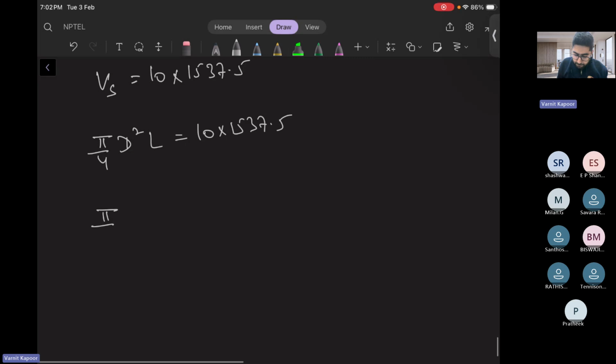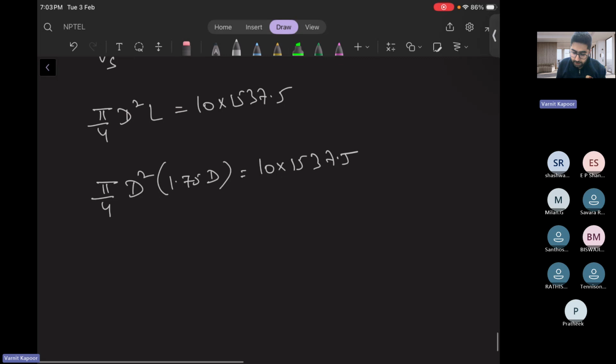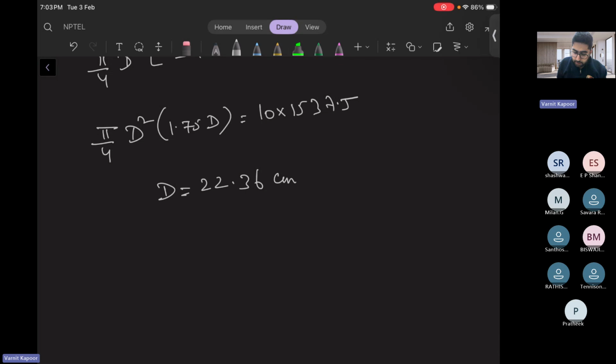So pi by 4 d square into 1.75 of d is equal to 10 into 1537.5. From here, your d will come out to be 22.36 centimeter.